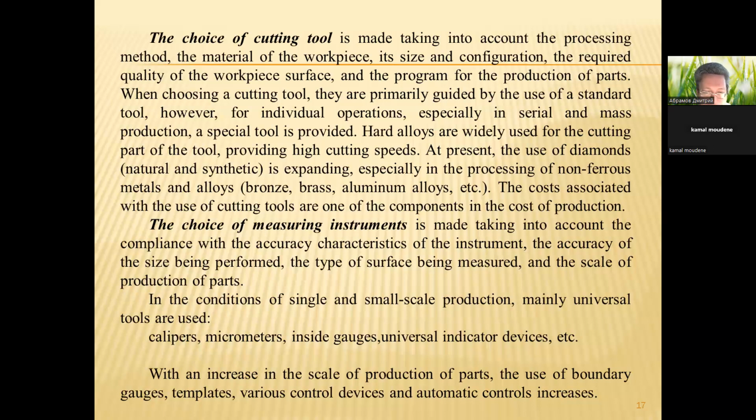In the conditions of single and small scale production, mainly universal tools are used: calipers, micrometers, inside gauges, universal indicators, devices or fixtures, etc. With an increase in the scale of production of parts, the use of boundary gauges, templates, various control devices, and automatic controls increases.